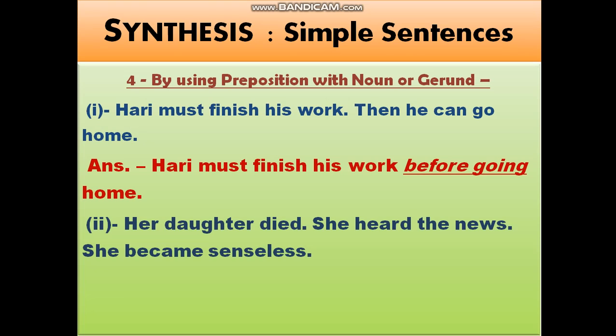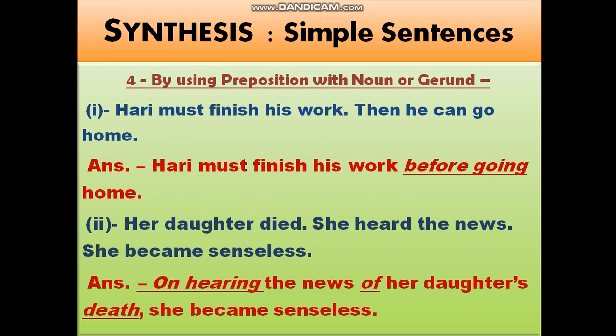Next set of sentences. Her daughter died. She heard the news. She became senseless. When did she become senseless? On hearing the news of her daughter's death. So we can write this like this.